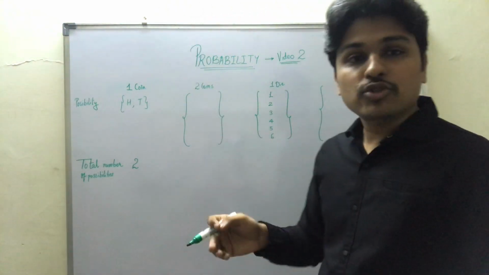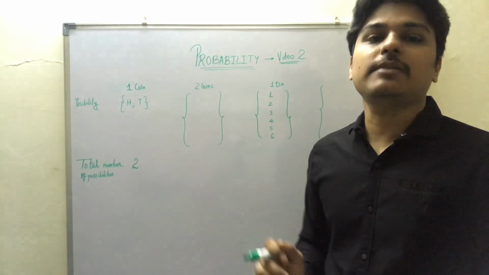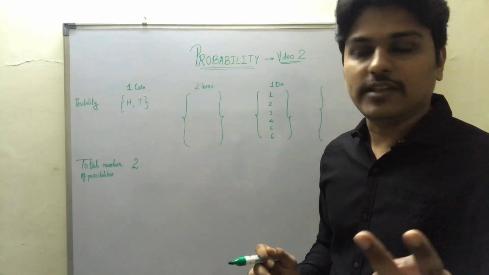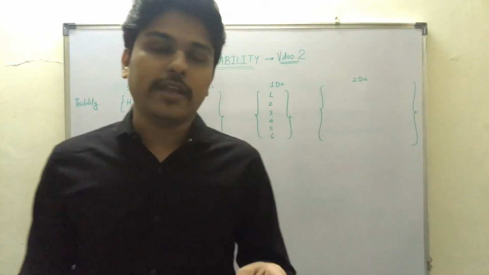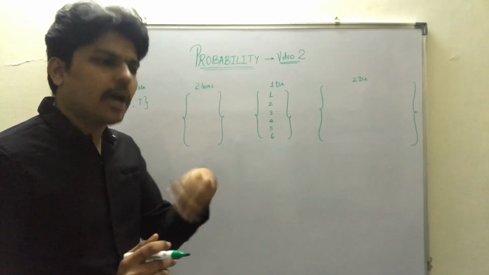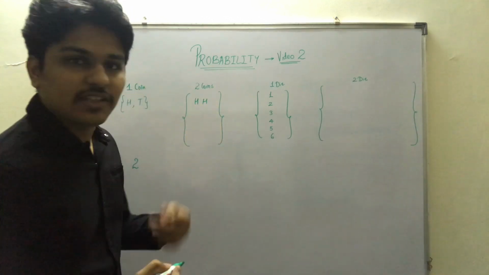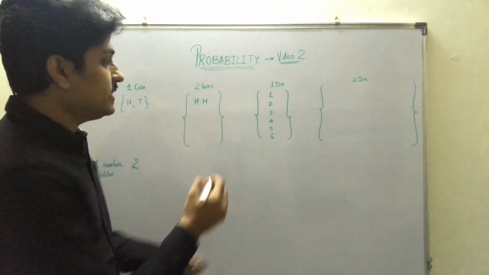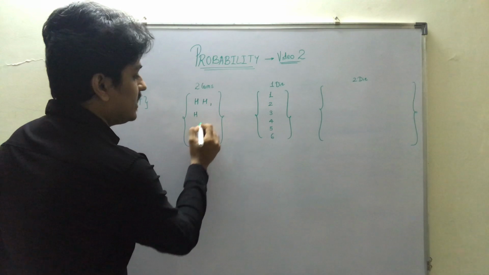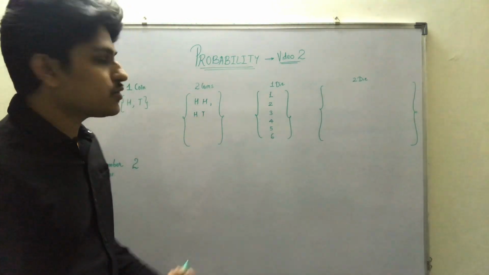Next, if I am tossing 2 coins at the same time, there's a possibility that the first coin will end up getting a head and the other one also ends up getting a head. So I'll say HH for this instance. There is a possibility that the first one has a head but the next one has a tail. That's also true.